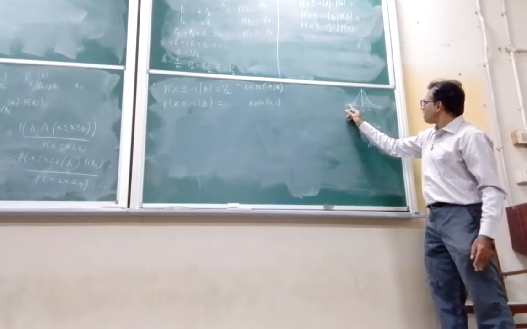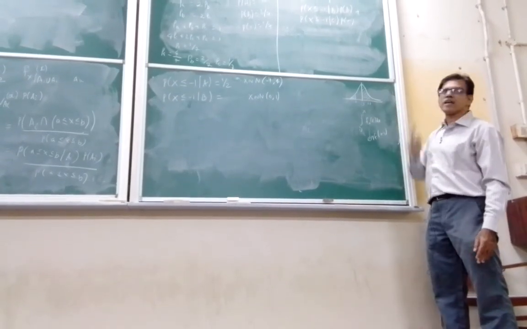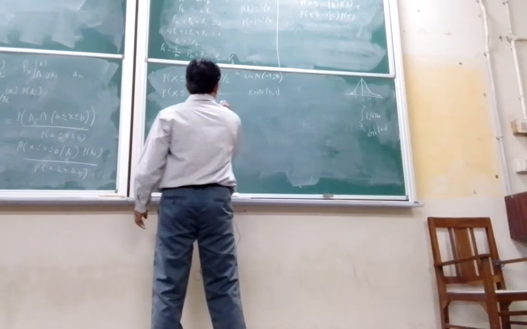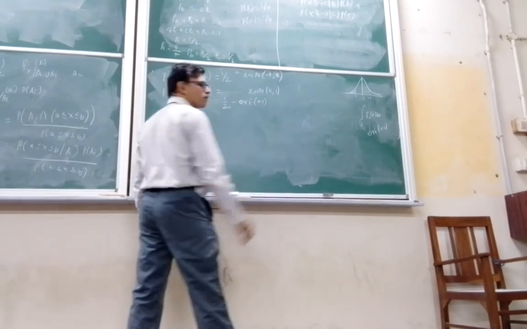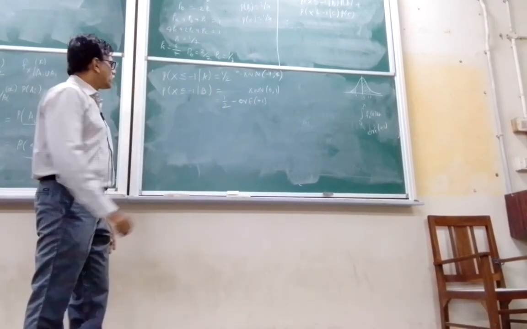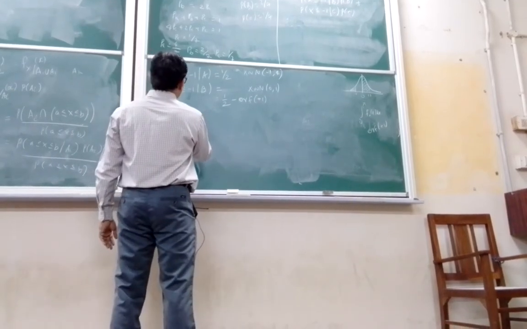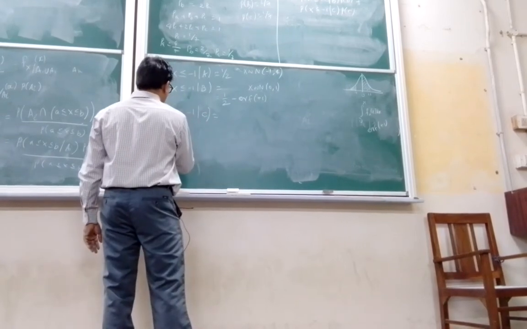I want this part which is the same as this part. That is nothing but half minus error function of 1. Then the probability that x is less than or equal to minus 1 given C.